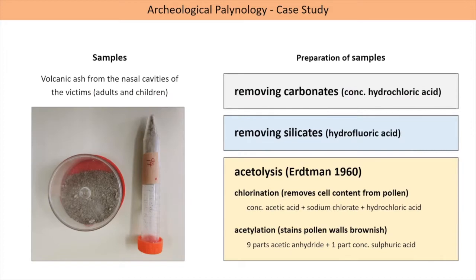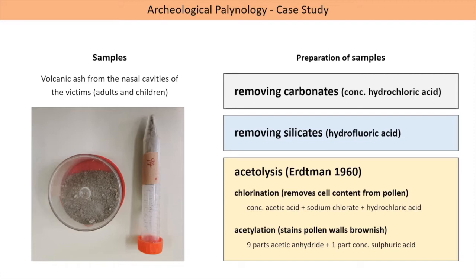After the first tests we made, we finally started with our standard chemical treatment for fossil pollen. These preparation steps involve, for example, hydrochloric acid, which removes the carbonates, and hydrofluoric acid, which is necessary to remove the silicates.